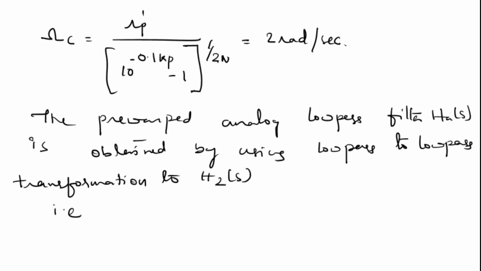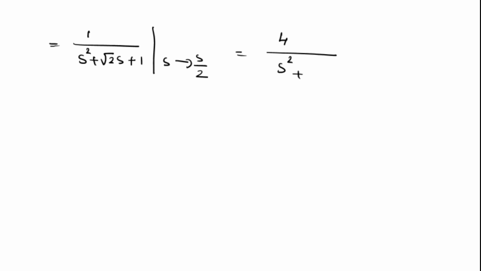That is, H_a(S) is equal to H_2(S), and we have to replace S by S/Ω_c, which is equal to 1 divided by S² + √2 S + 1 at S replaced by S/2, which is equal to 4 divided by S² + 2√2 S + 4.